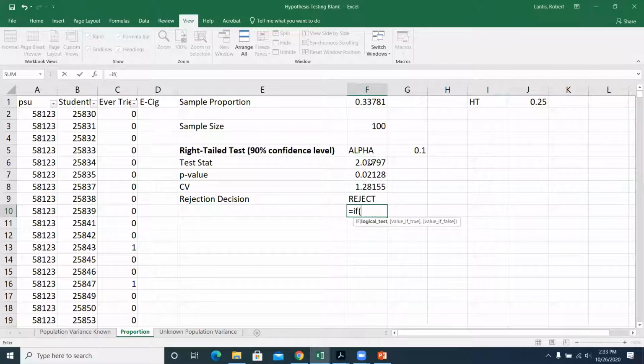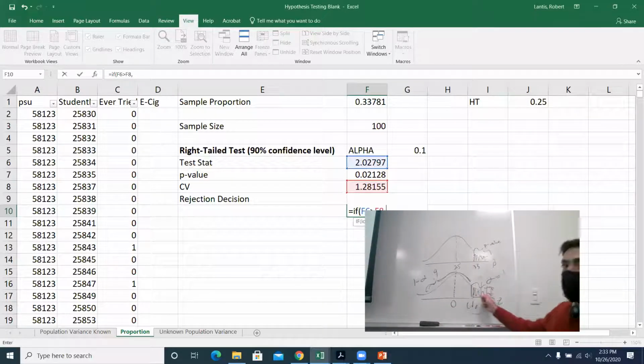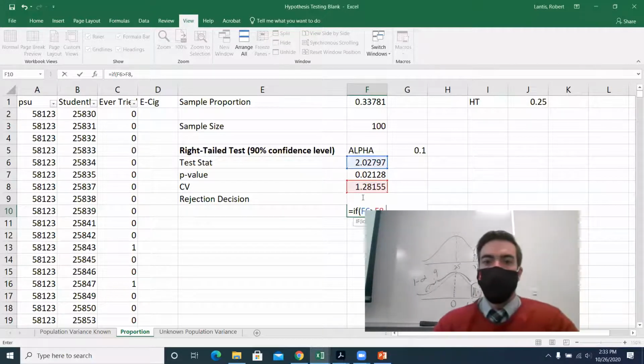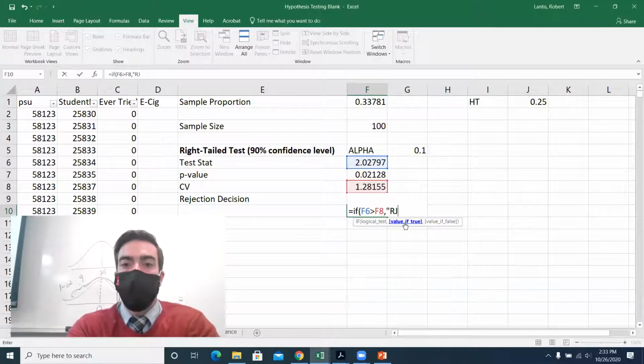If my test statistic is greater than that critical value, if that holds, I know my test statistic is in that rejection region. Okay. So if that's true, put the word reject. If it's not, put the words fail to reject.